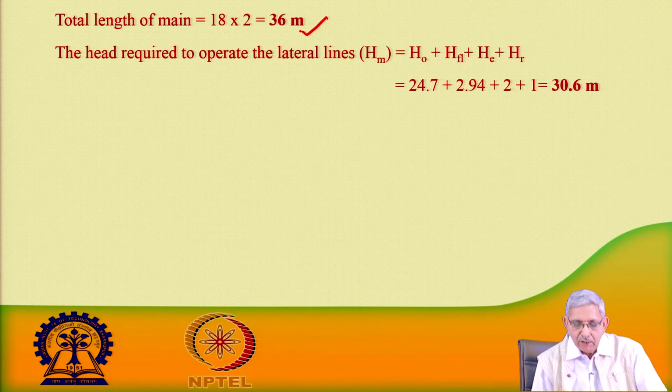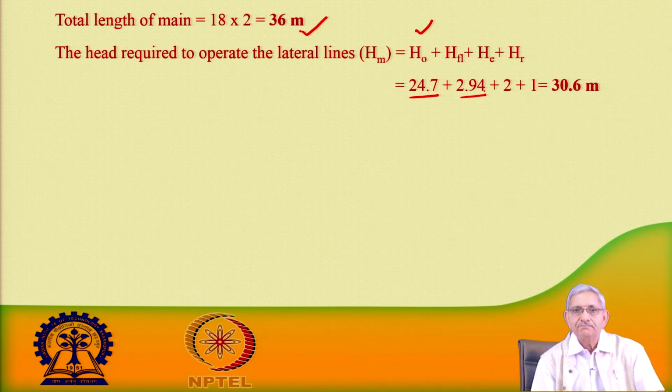Now, the head required to operate the laterals which are connected with the main pipeline. We have H naught, 24.7, from the chart we are calculating. Head loss due to friction, which we already used, is 4.94, from which we subtracted 2 meter. So we got 2.94.